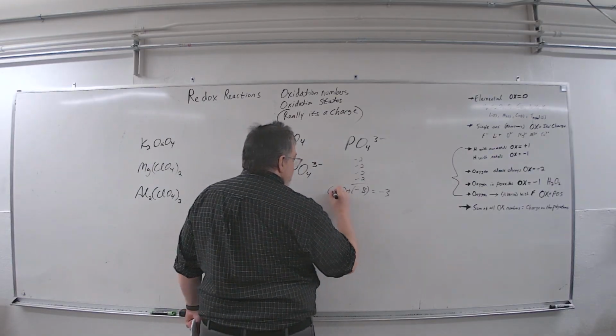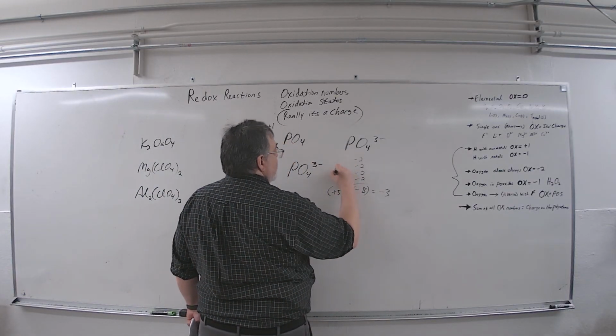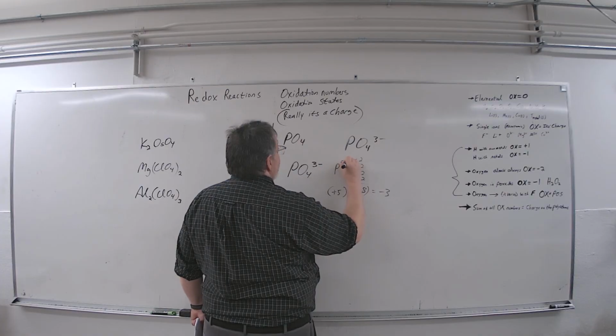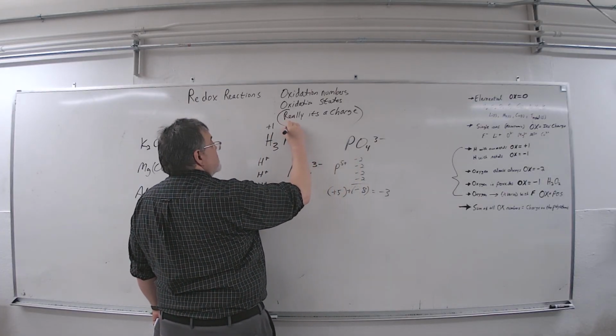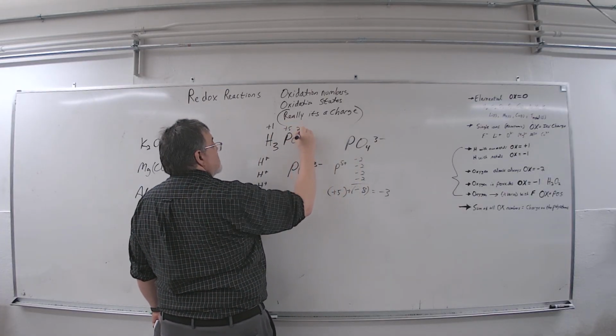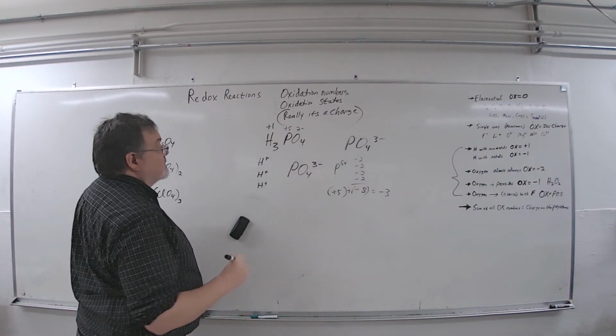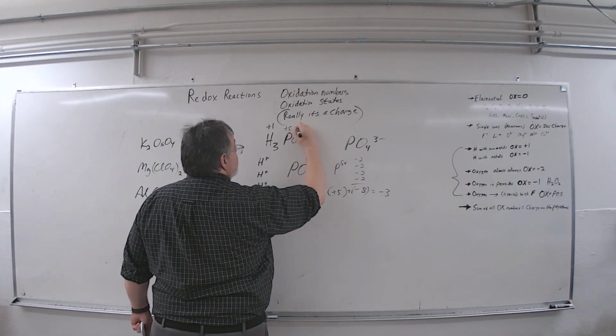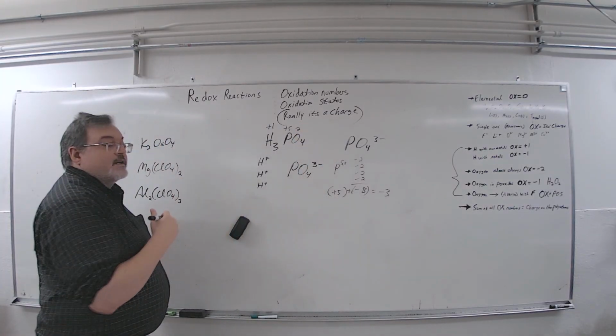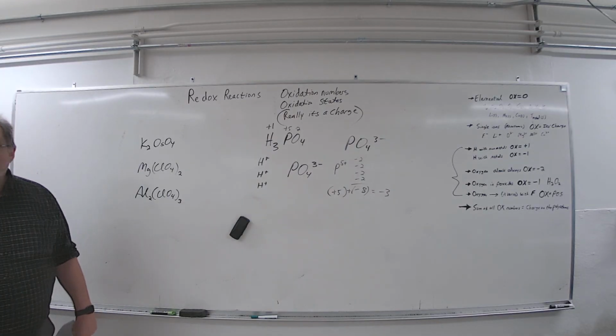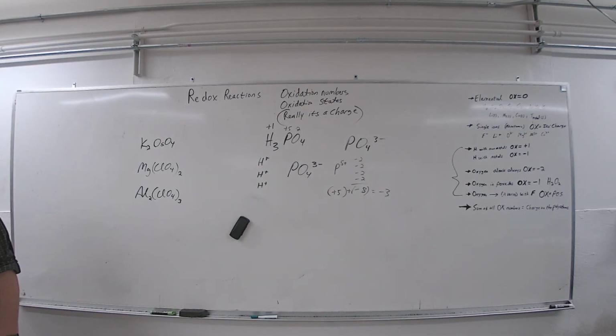There's only 1 phosphorus, so it's 5 plus. So we got +5 for that. It's still -2 for oxygen. Those are the oxidation numbers for the atoms that are in that. Now with me.